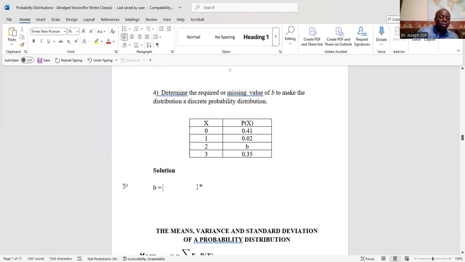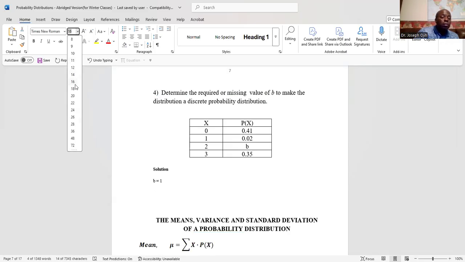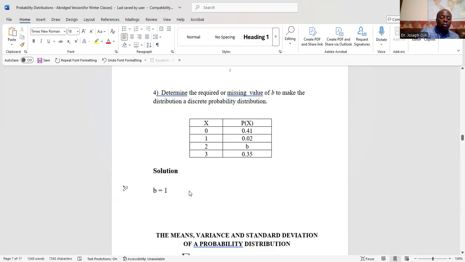So B becomes 1 minus 0.41 plus 0.02 plus 0.35. That will give you an answer right away.